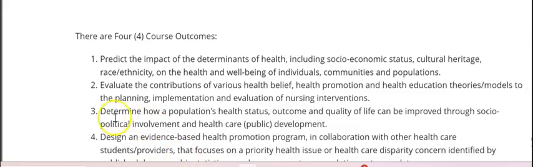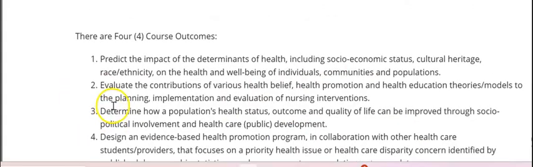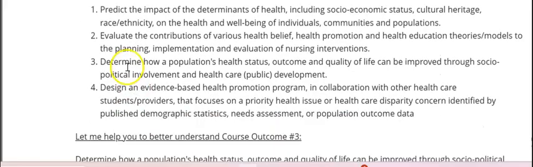Well, number 4 is easy because you have had a huge assignment of an evidence-based health promotion program, designing and planning and preparing to implement that with other healthcare students. And so that one's easy enough, right? But 1, 2, and 3, you can read through these and I think you will understand them very clearly.